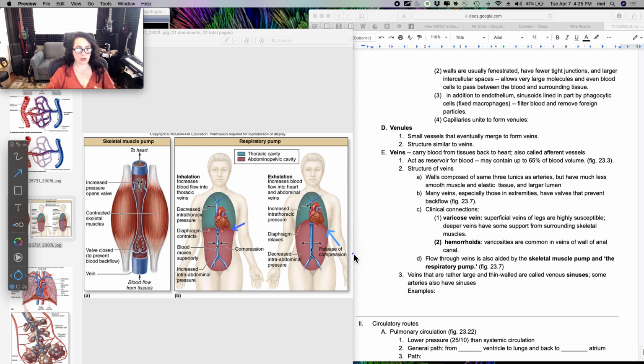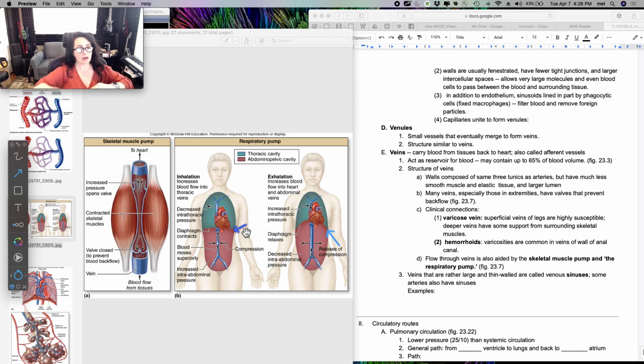actually changes pressure. In this picture, this is your diaphragm, and your inferior vena cava runs through your diaphragm. This is, of course, your thoracic cavity and your abdominal pelvic cavity. What happens when you breathe in is your diaphragm pushes down. It was bell-shaped, and then it pushes down.